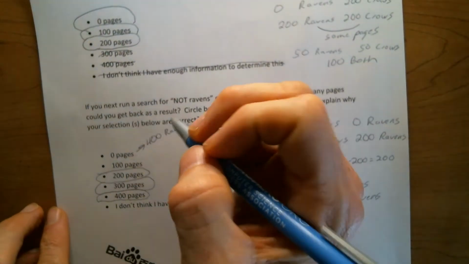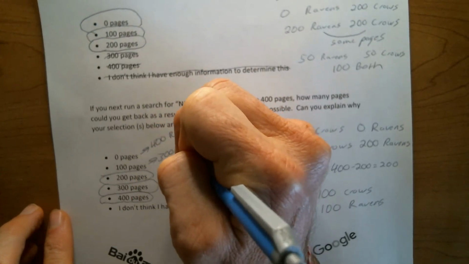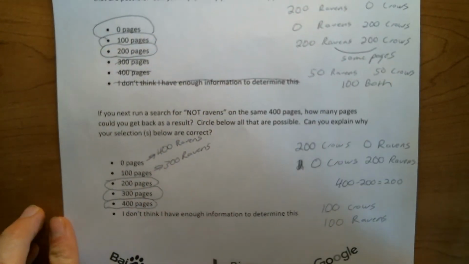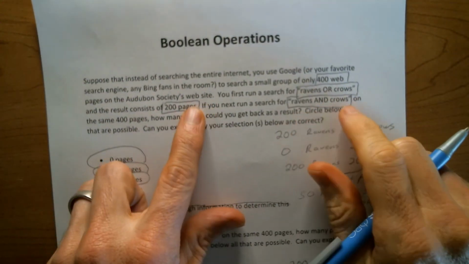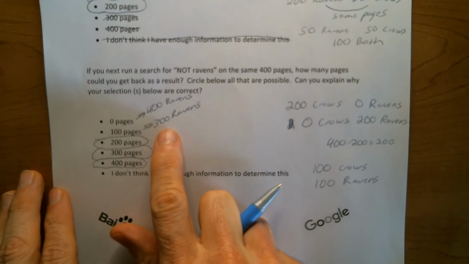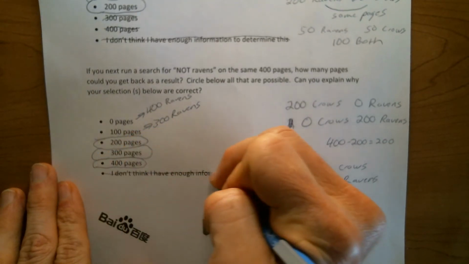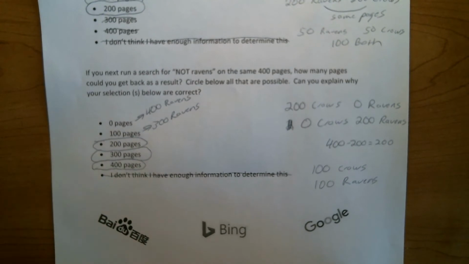What about 100? Well, 100 would imply that we had 300 pages with ravens. Again, since we only had 200 that were ravens or crows, there's no way we can end up with 300 pages that have ravens. So our only options are 200, 300, and 400.